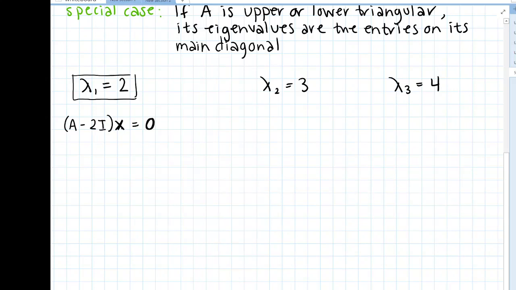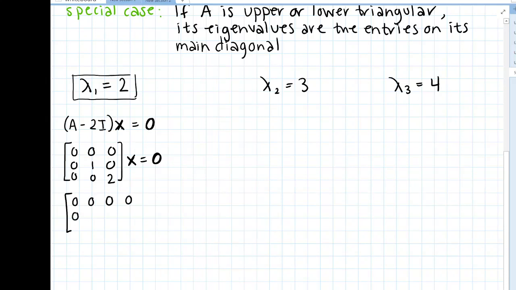In this case, if you do A minus 2I, you're going to end up with 0, 0, 0, and then 0, 1, 0, and 0, 0, 2. So now we're solving that times x is equal to 0. That's really the same thing as reducing the augmented matrix, which actually in this case there's nothing to reduce.